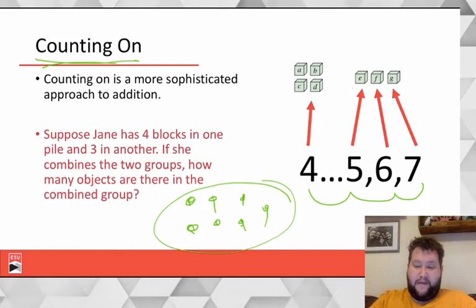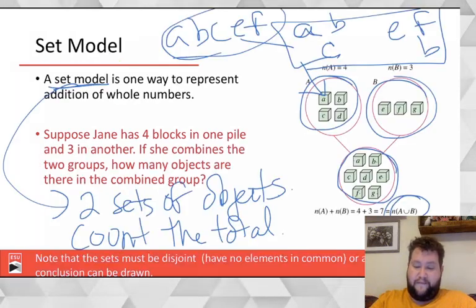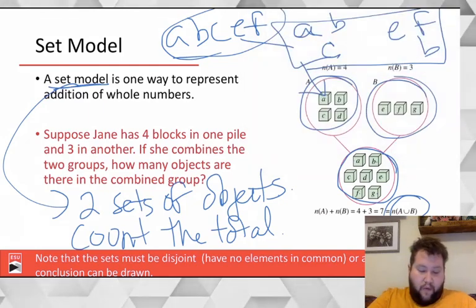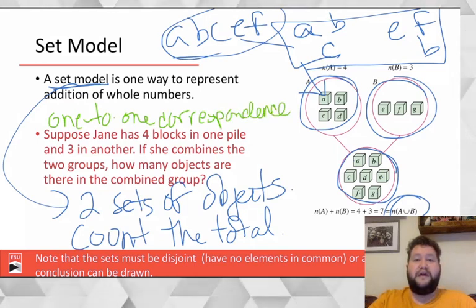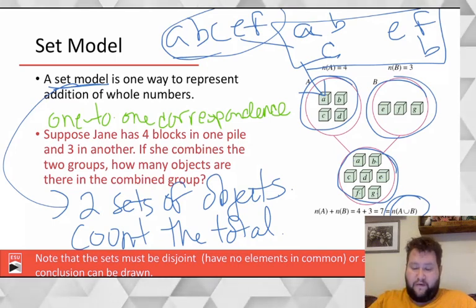And actually, let me go back because I want you to have a word. Set model reinforces 1-to-1 correspondence, which is the idea that each item that you count corresponds to 1 in the total quantity.